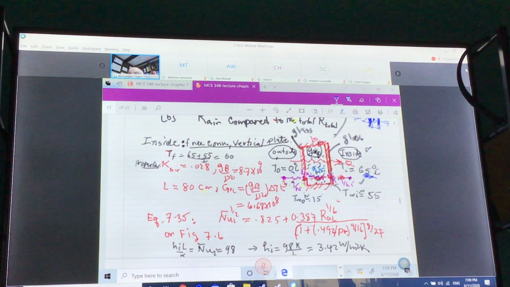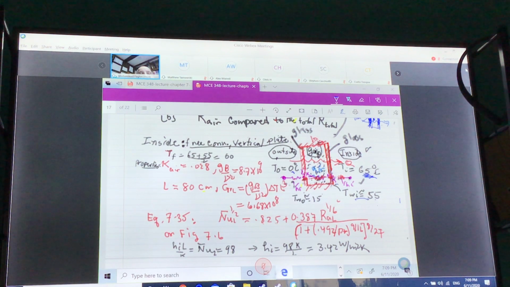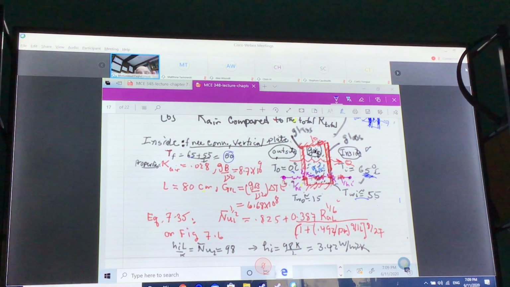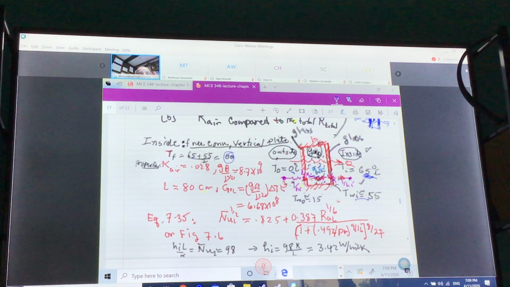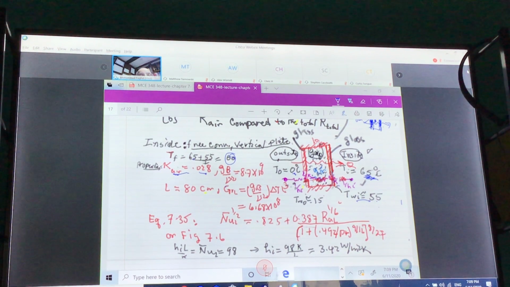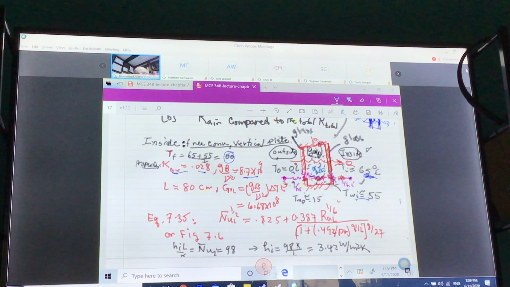You need to look up your properties. Properties don't change that much with temperature. So assume T wall 55. So 55 plus 65 divided by 2 is 60, the film temperature. Then go to the properties table. K of the air 0.028. K is very small for air. G beta over nu squared for air 8.7. Then length you have. Then calculate Grashof number.